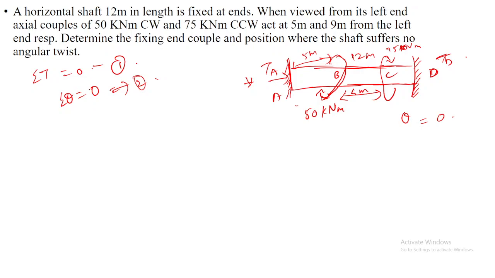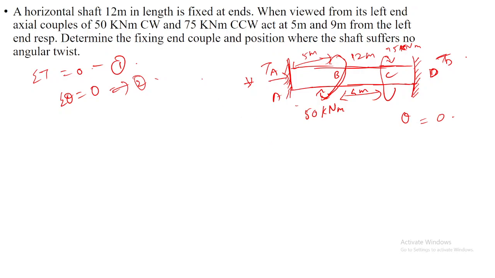Why, sir? Because all these shafts are connected by a single entity and it is fixed at the ends. So at the ends there cannot be any separate angle of twist with respect to these fixed ends.